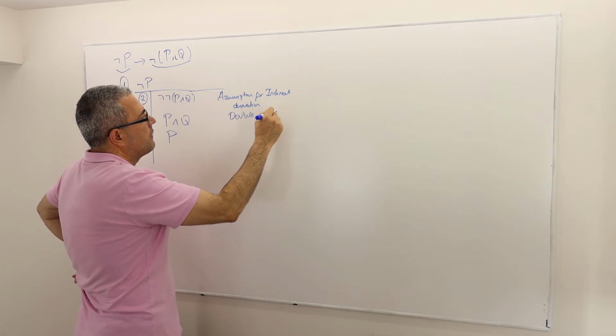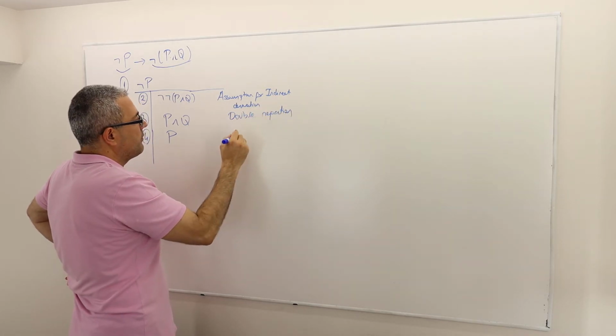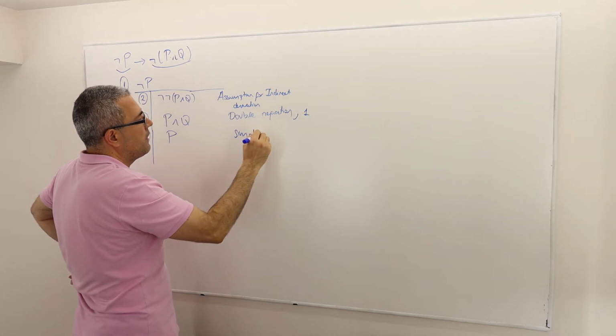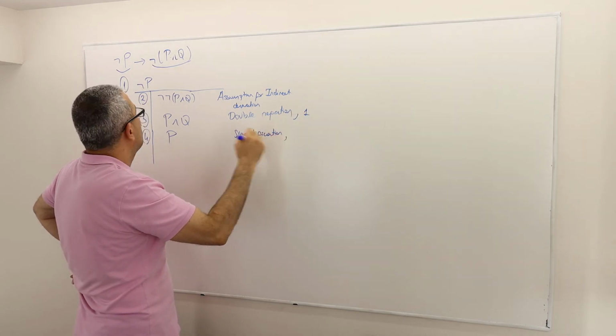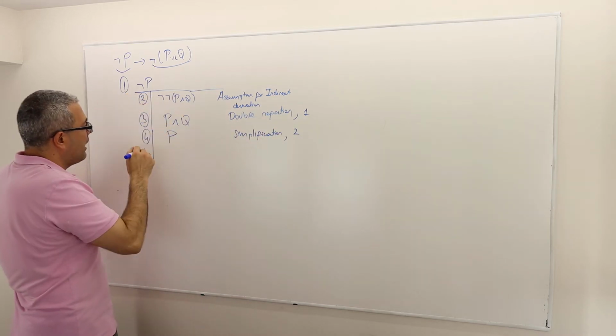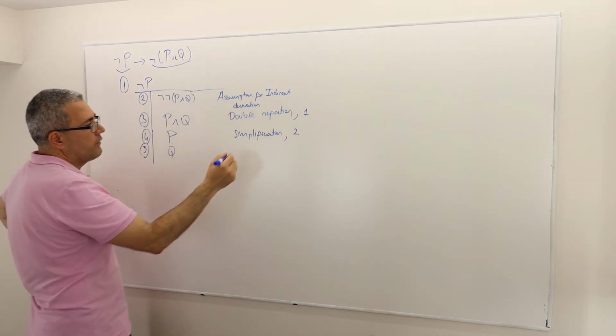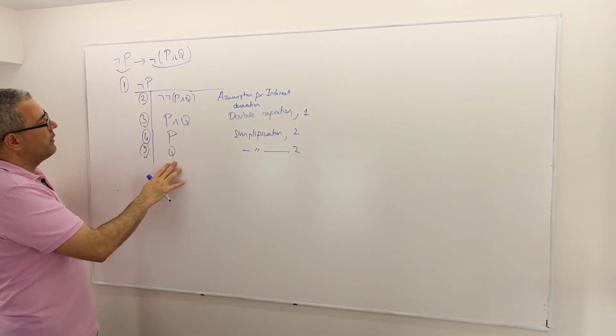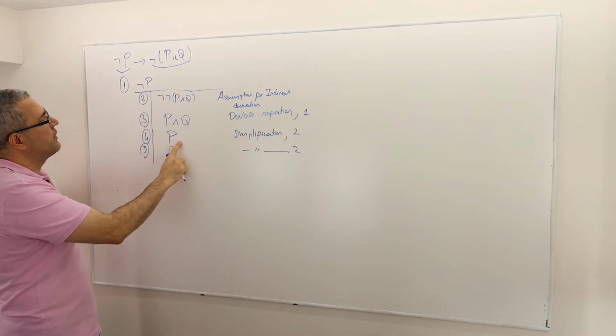So this is double negation of the argument in line 1, simplification of the argument in line 2, and obviously I can also write Q, simplification in line 2. I don't know if I'm going to use it, but hey, okay, I found the contradiction, right?